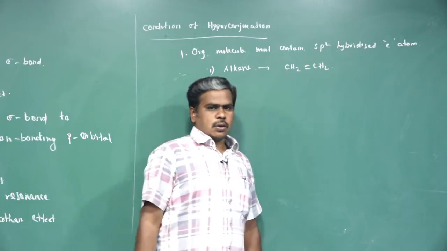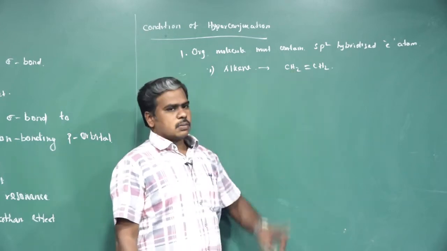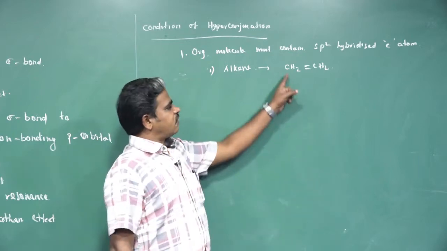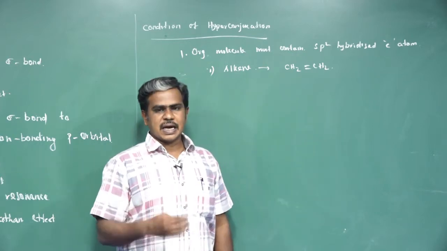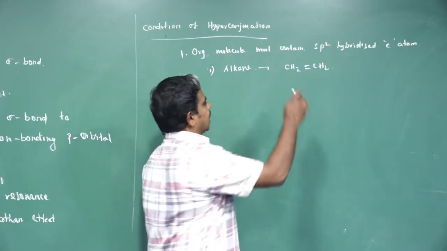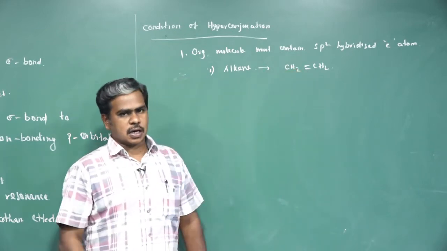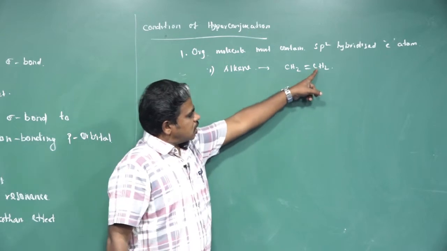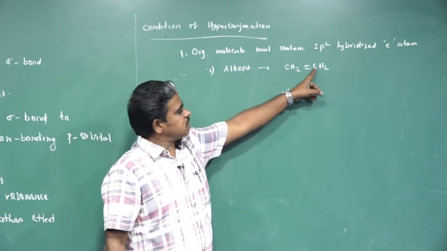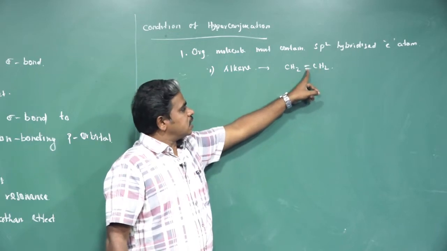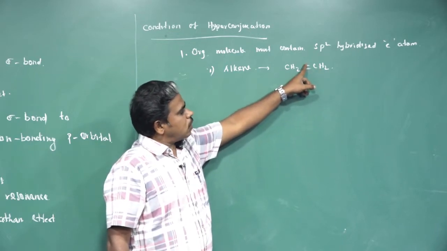I already told you how to identify the hybridization of a carbon: count the number of sigma bonds surrounding the carbon. The first carbon has 2 sigma bonds with 2 hydrogens, and 1 sigma bond and 1 pi bond.